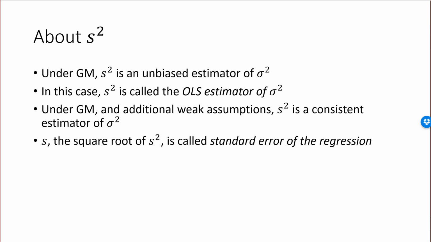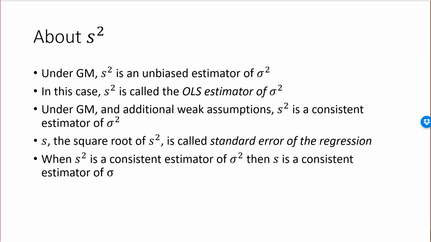So S, the square root of S square, is the standard error of the regression. And just like S square being a consistent estimator of sigma square, S will be a consistent estimator of sigma. Another way to say that: the standard error of the regression is a consistent estimator of the standard deviation of the error terms.